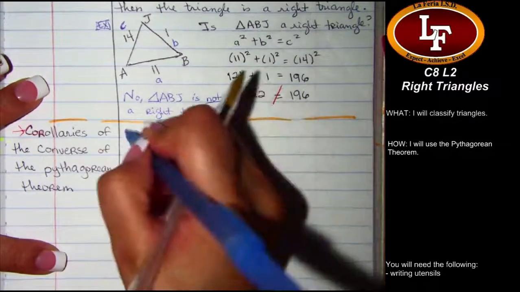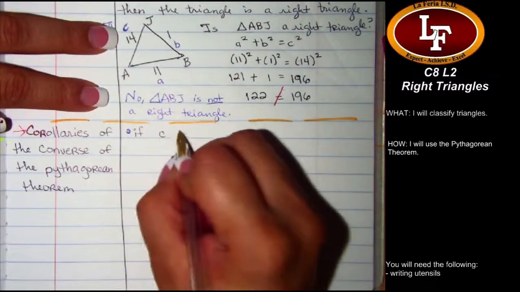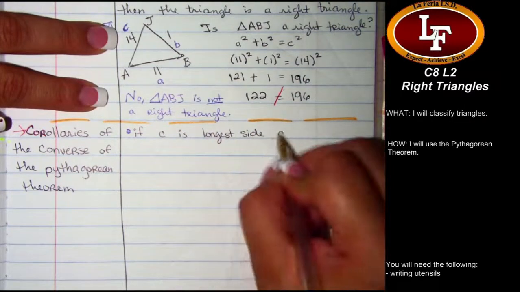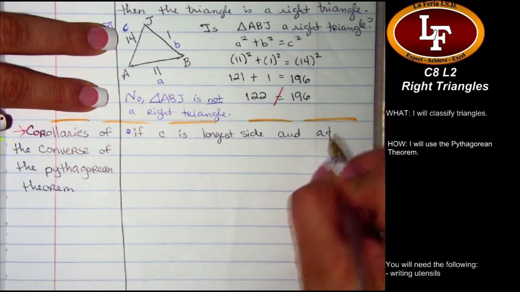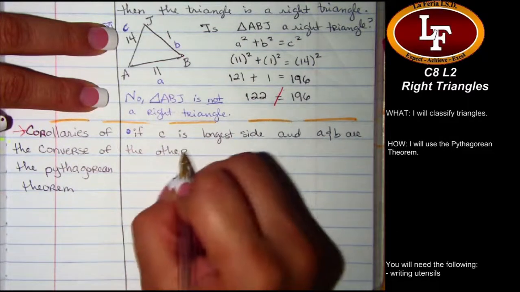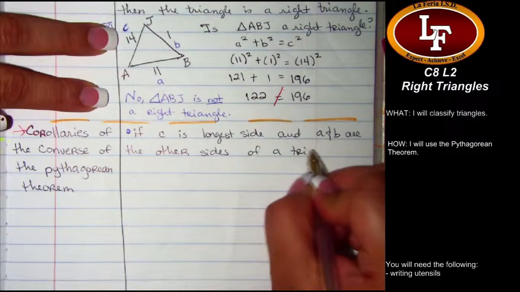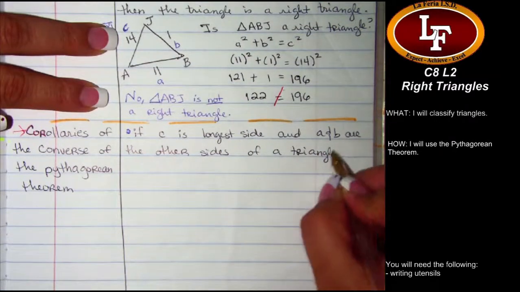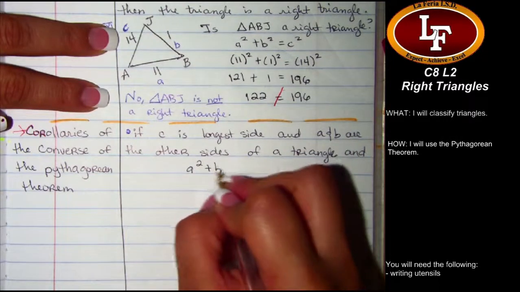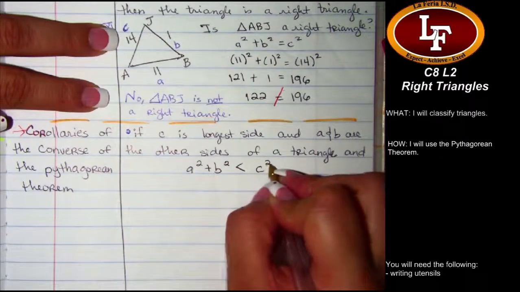Here's the first one. If C is the longest side, and A and B are the other sides of a triangle, notice our setup is exactly like the converse, and A squared plus B squared is less than C squared.